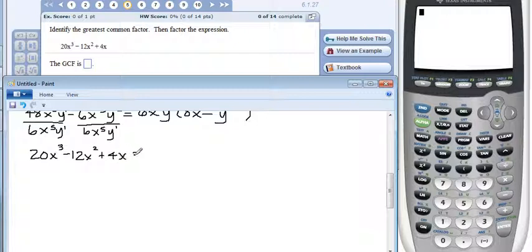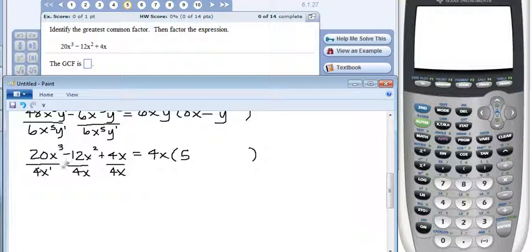Okay. Between the 3 numbers, I need a number that goes into a 20, a 12, and a 4 all at the same time. Well, that's a 4. 4 goes into 4, 4 goes into 12, and 4 goes into 20. Then I'm going to take my lowest powered x, which is 1. I'm going to divide each term by 4x. 20 divided by 4 gives 5.